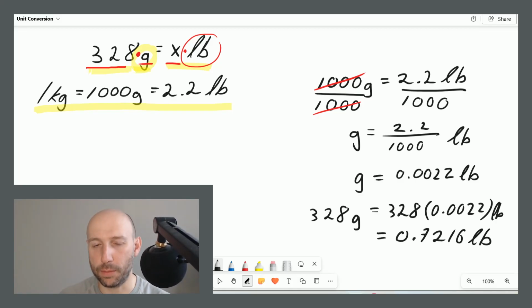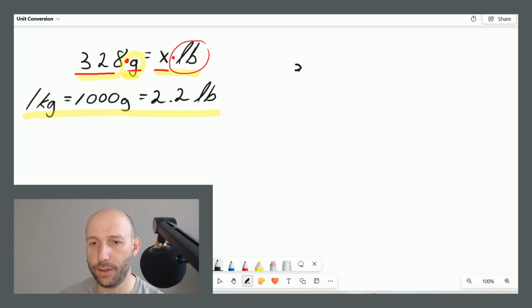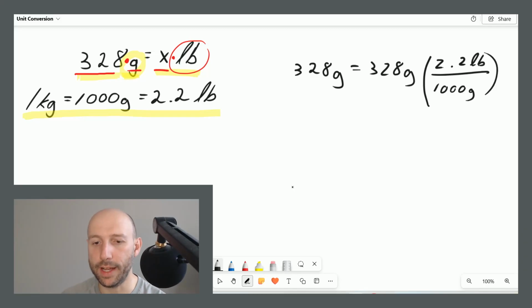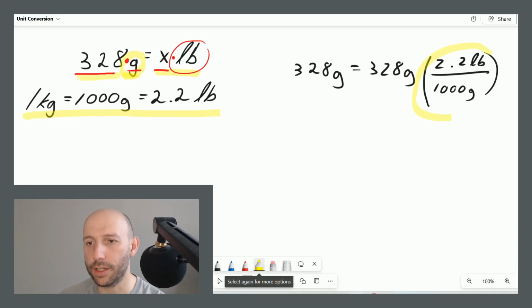Now, there's another formal approach, and I'll show you that here. We could write that 328 grams equals 328 grams times 2.2 pounds divided by 1,000 grams. Now why can we write that? Because this expression here is equal to 1. We're just multiplying by 1 because you have a number divided by itself, because 2.2 pounds equals 1,000 grams.